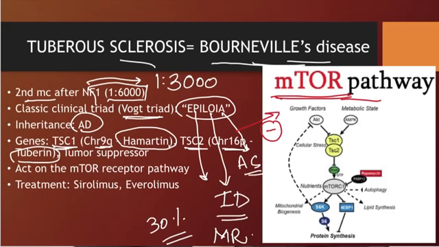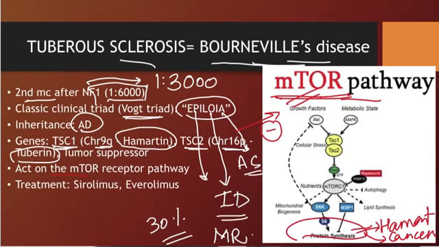So when TSC1 and TSC2 are deleted in tuberous sclerosis, there is uncontrolled, excessive upregulation of the mTOR pathway and in turn protein synthesis, which leads to hamartomas and cancers all over the body, as we'll be seeing. So this is the main pathophysiology behind tuberous sclerosis, which is very important for the AIIMS exam.